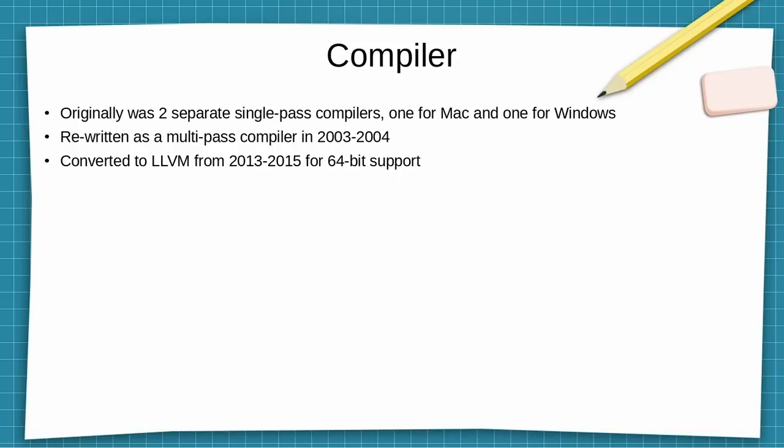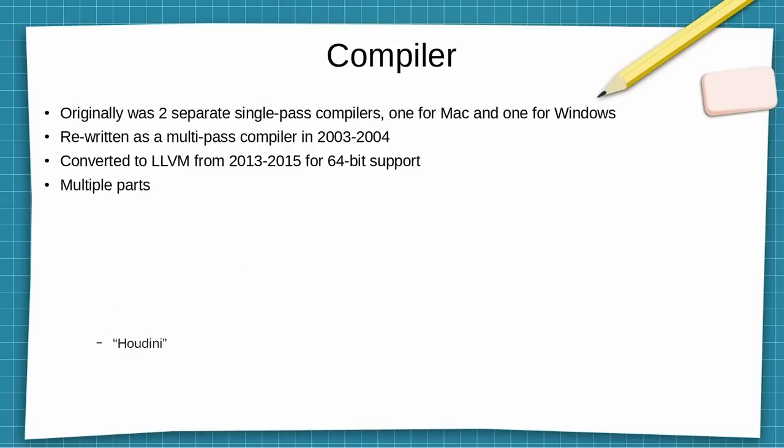We didn't really convert the entire compiler to use LLVM because the compiler has many, many parts. If you want to learn more about the parts, check out my blog series on the Xojo blog. 6-part, wonderful, highly rated, Pulitzer Prize winning series about the Xojo compiler. But parts of it are now using LLVM, primarily for the 64-bit support at the time.